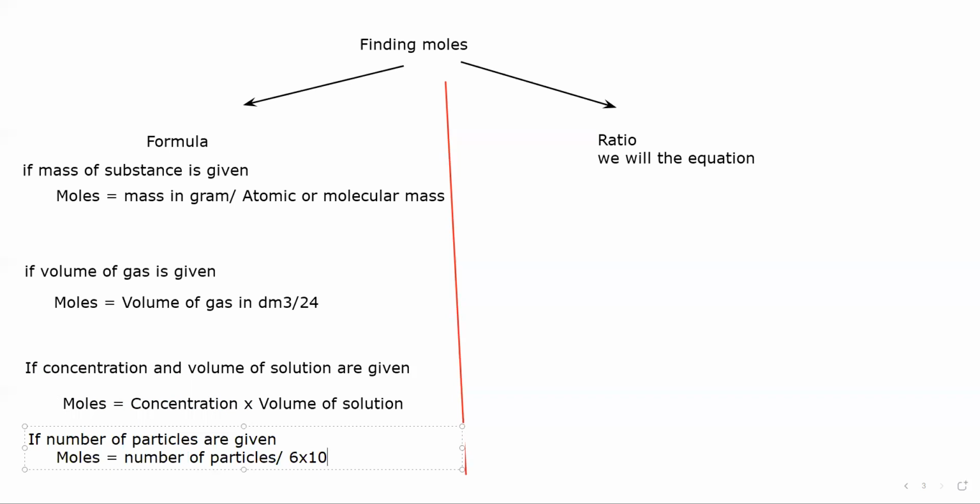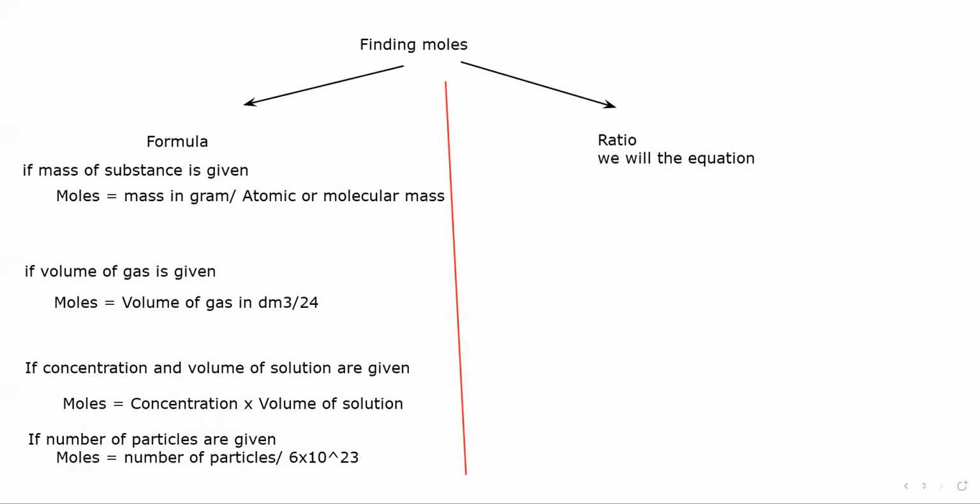And this 6 exponent 23 is also known as Avogadro's constant, named after a chemist. Using mathematical equations, he worked out this number of particles. So 6 exponent 23 is also known as Avogadro's constant.